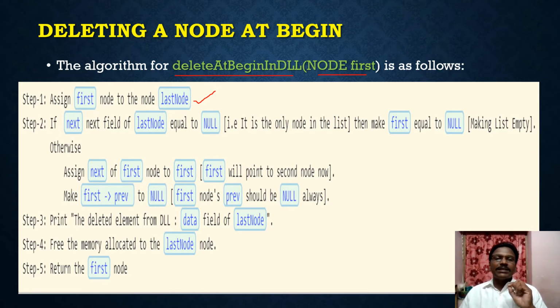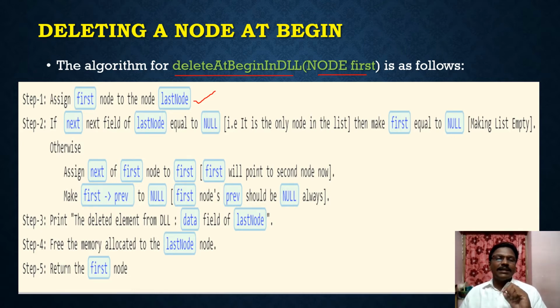Then, if the next field of last node equals null, the condition is true, then first equals null. It means the first node is equal to null. If the condition is true, it's an empty list in a double linked list, so simply ignore.